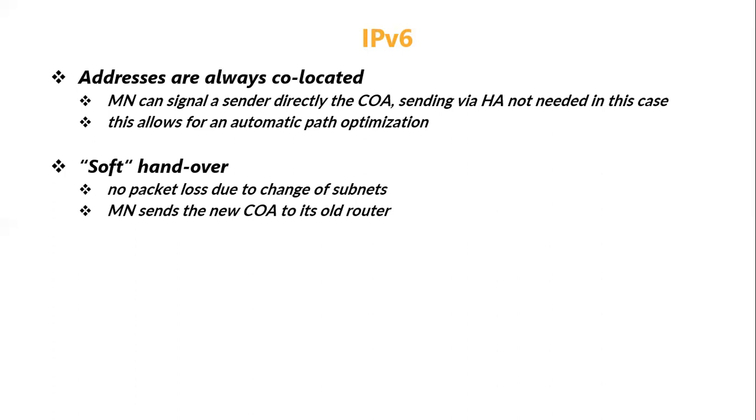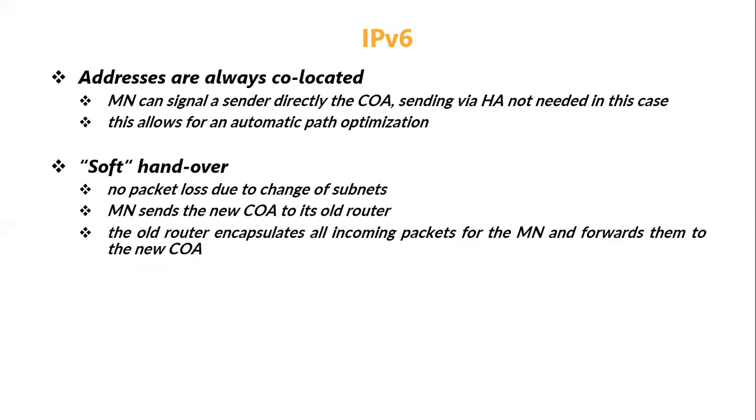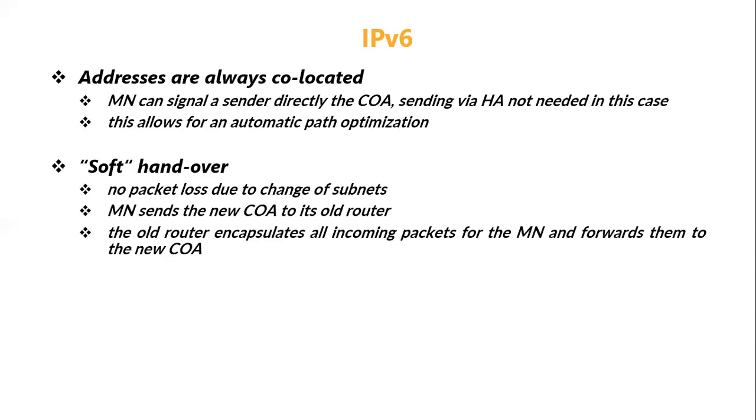Whenever the mobile node goes to a new network, it will get a new COA, but it will also communicate that new COA to the old router, because some packets may still come to the old router if other nodes do not know the current location of the mobile node, and then these routers can route the packet to the new COA.